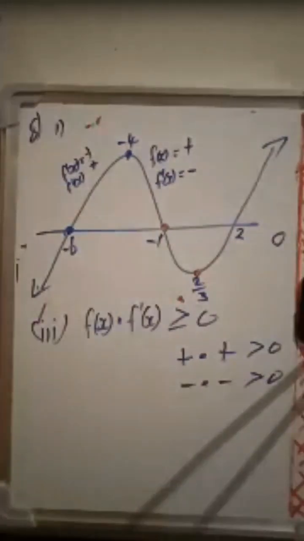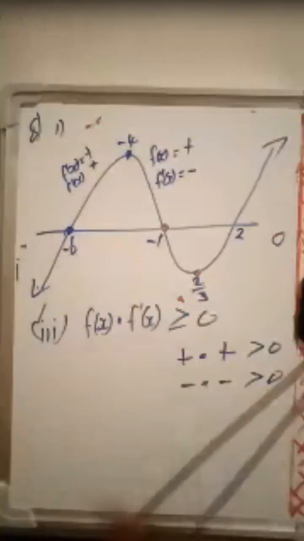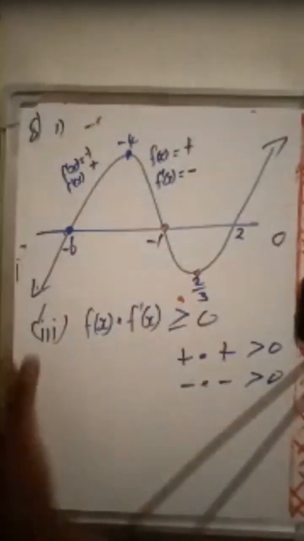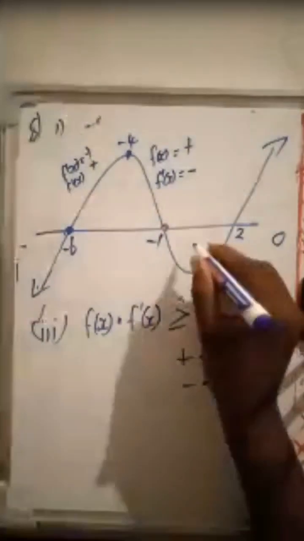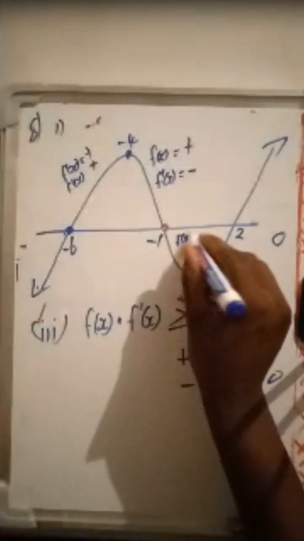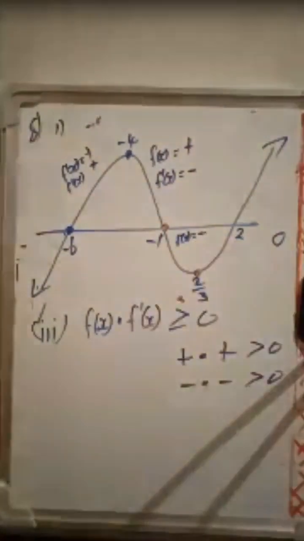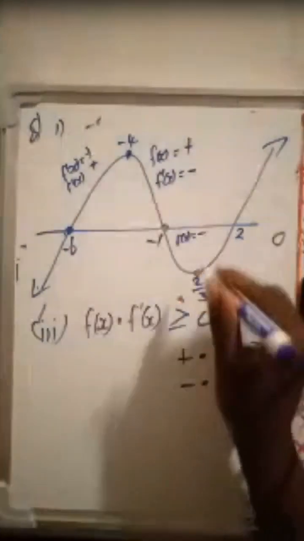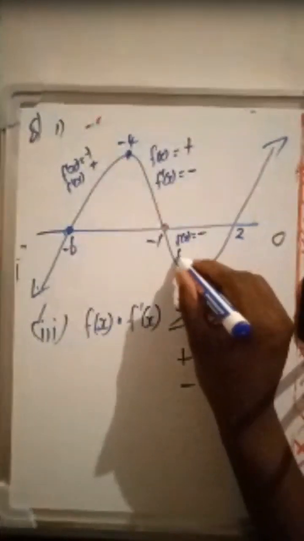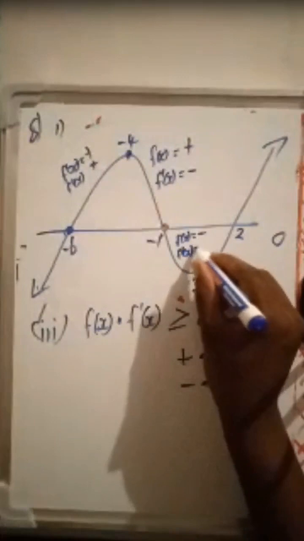We can see that f of x is now negative because now we are in the negatives. And the gradient is negative. Okay?